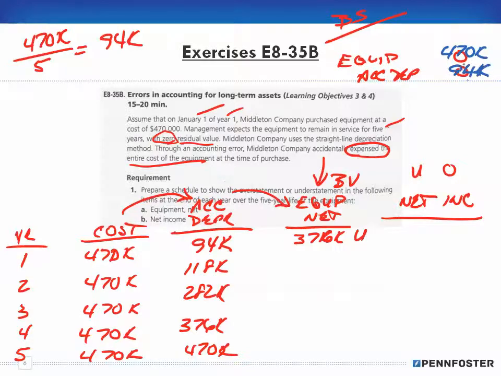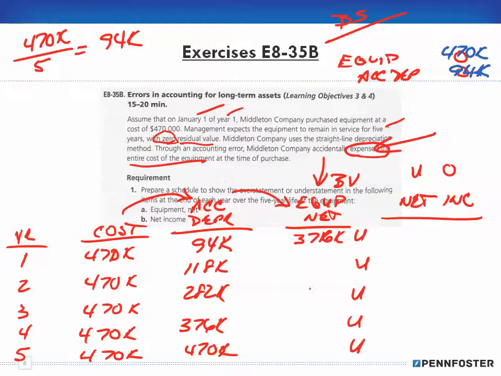So 0 is less, which means it's understated. Since we didn't have any balance sheet accounts because we expensed the entire amount right off the bat, each and every year is going to be understated on our balance sheet.